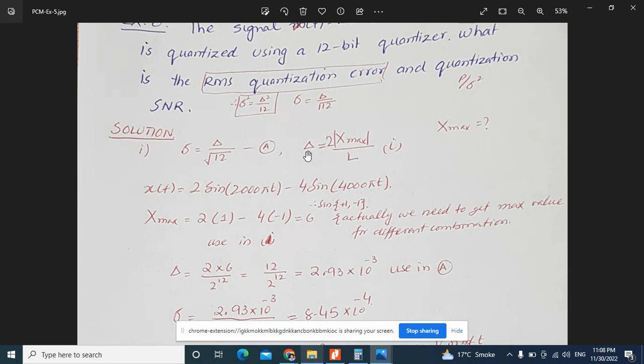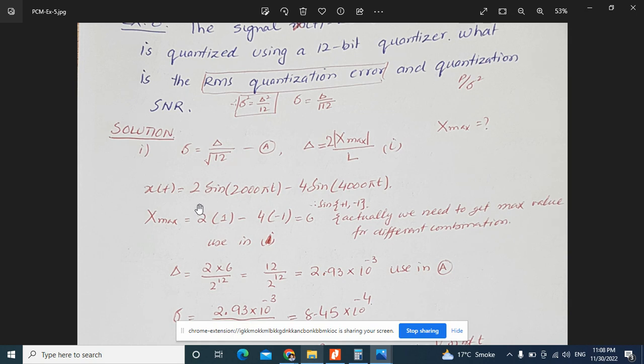So what is delta? Delta is 2 multiplied by x max divided by L, and we need to calculate x max from the given signal, 2 sine 2000 pi t minus 4 sine 4000 pi t.